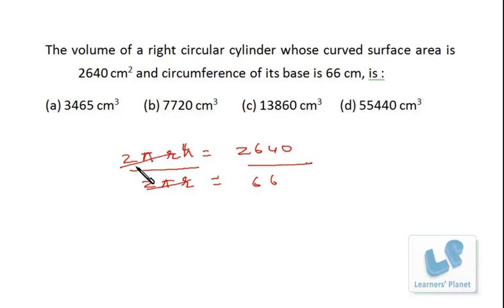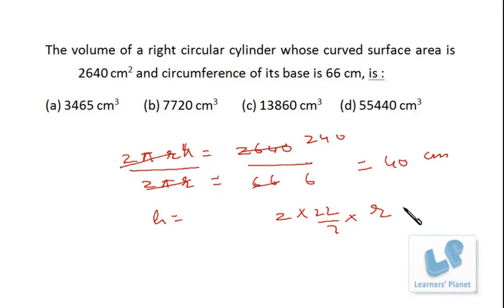So h is equal to 2640 by 66, that is 240 by 6, that is 40. So this is the height of the cylinder. Now we have to find the volume, that is pi r square h. Now 2 into 22 by 7 into r, that is 2 pi r, is given to us as 66.